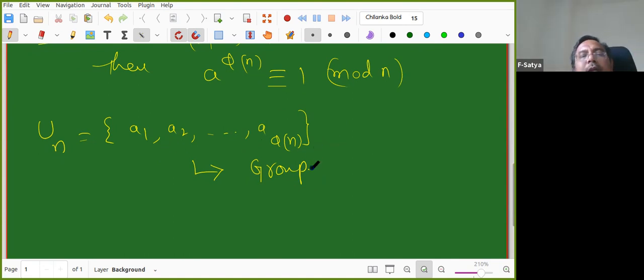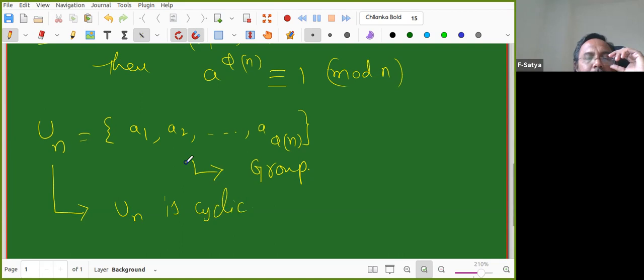Those who know group theory know that the order of an element to the power of the order of the group is the identity. So this theorem comes very easily from Lagrange's theorem if you know group theory. But the question coming is, is U_n cyclic?